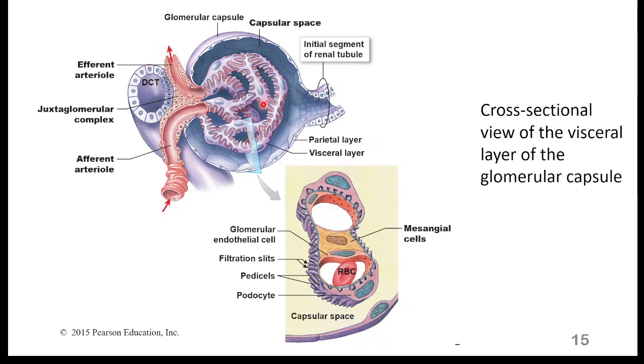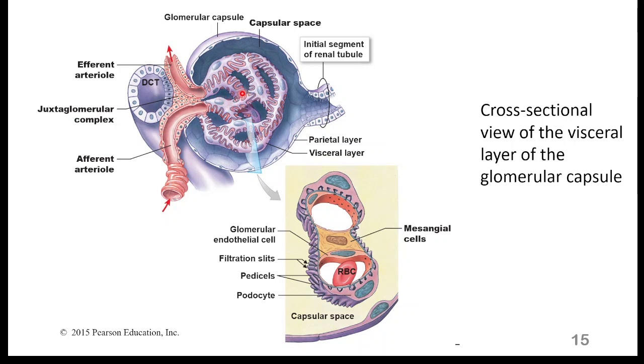All right, now on the external surface of the capillaries, what we can see here are podocytes. For instance, this is a podocyte. You can see its nucleus. Its nucleus is this oval feature here. So this is one podocyte. This is another podocyte, right?